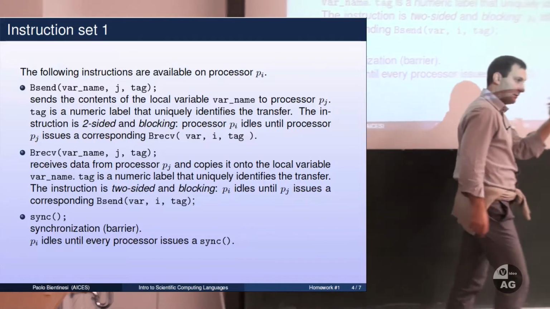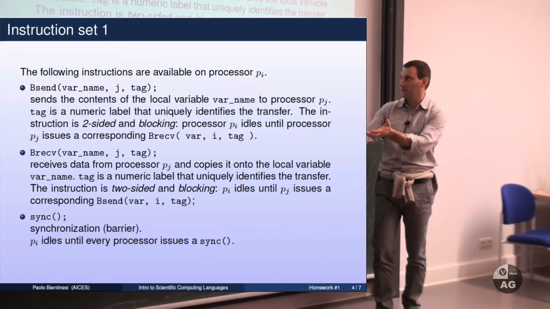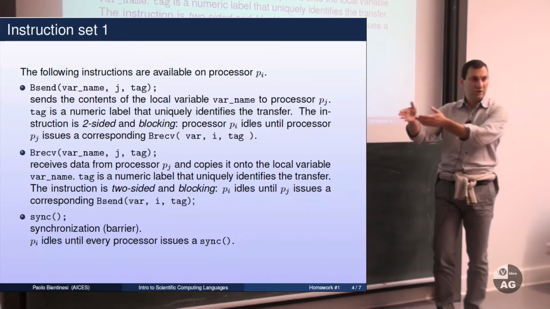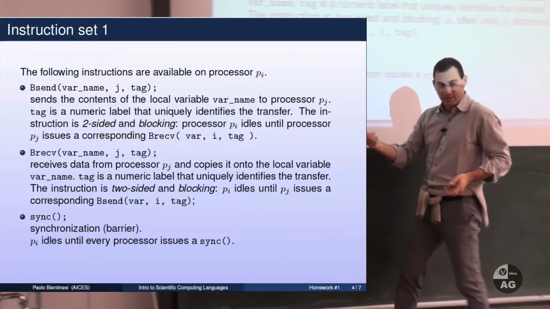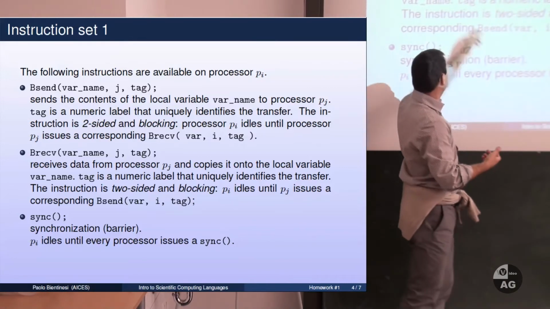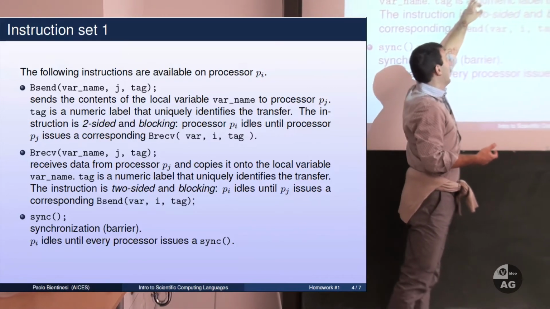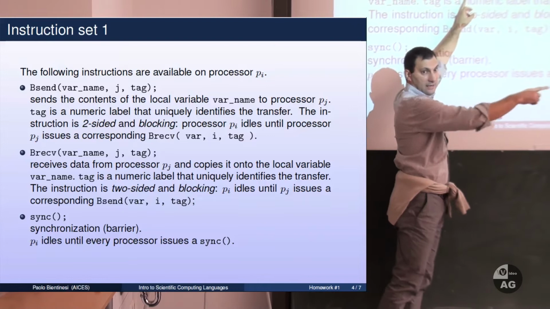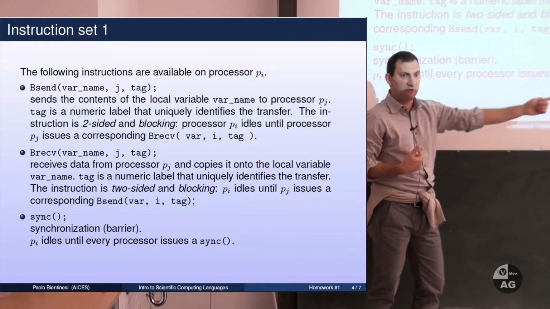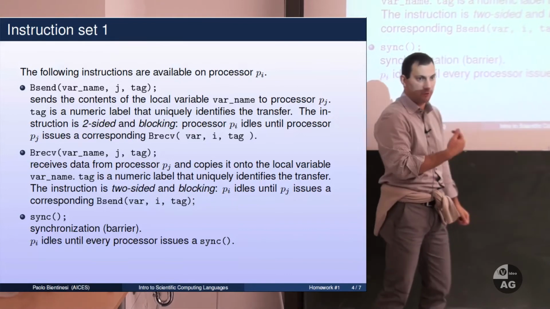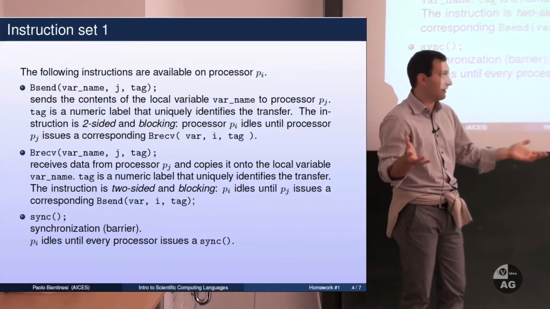So when I says I send data to j with tag number 100, and then j says I receive data from I, with tag number 99. Oops, he's sending on tag 100, he wants to receive on tag 99, nothing happens.